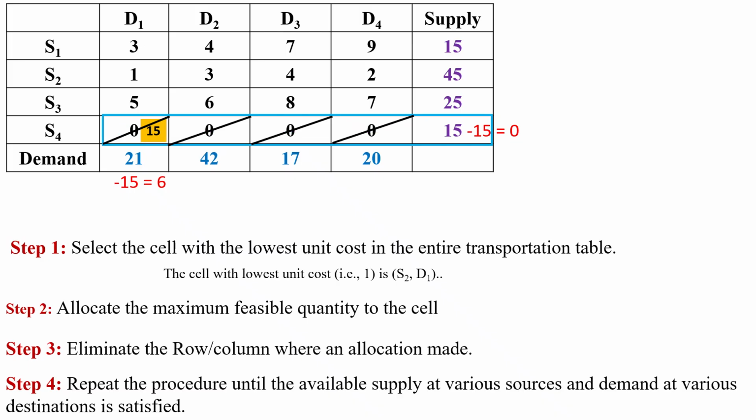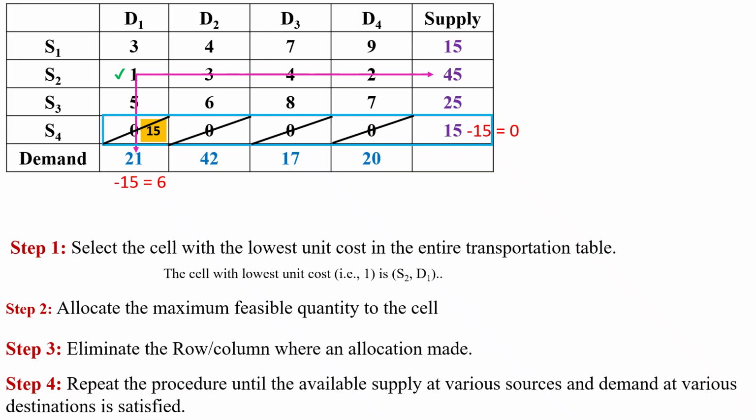Next, once again I select the lowest cost in the entire transportation table. Here the lowest cost is 1 for the S2 row and the D1 column. In this case we observe the supply as well as the demand. Supply is 45, demand is 6.